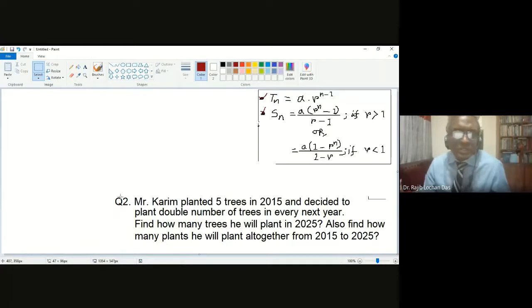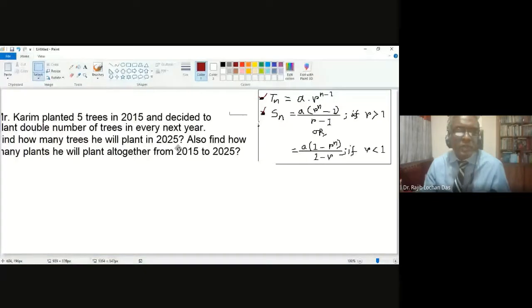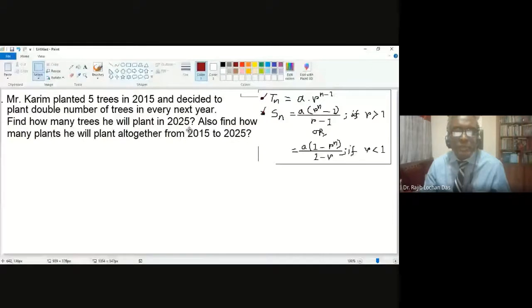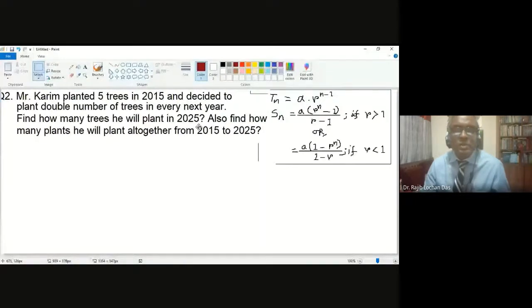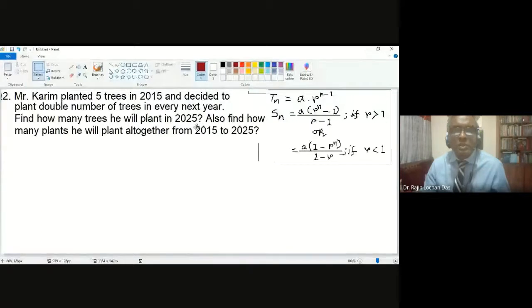If you think this is arithmetic, then the arithmetic formula will be applied. If you think it is geometric, then the geometric formula will be applied. This is very, very important. If you make a mistake, then your answer will also be wrong. So be careful about this.